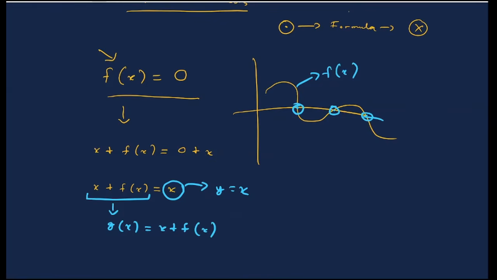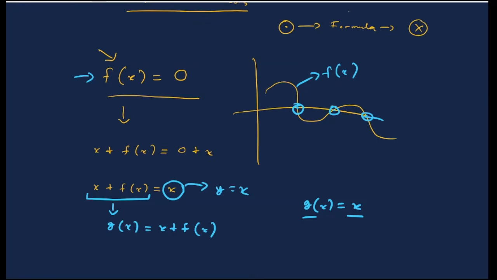So now we started from f(x) = 0, and now we are here. We are saying that g(x) = x. That means these two functions are necessarily equal.